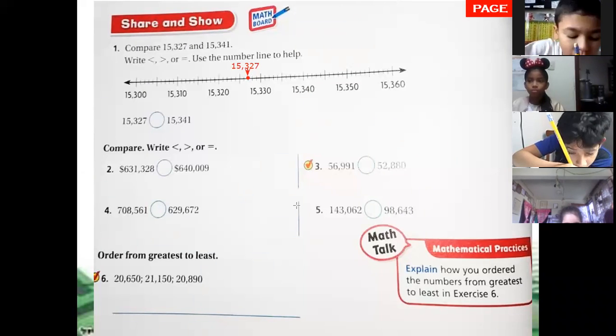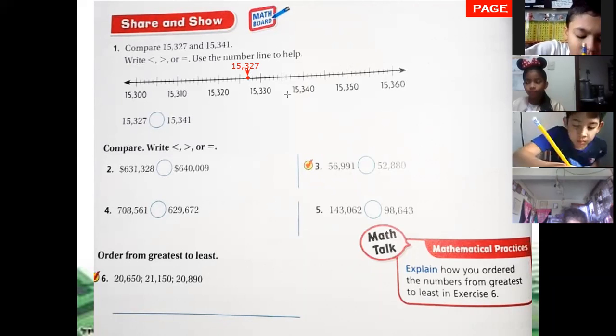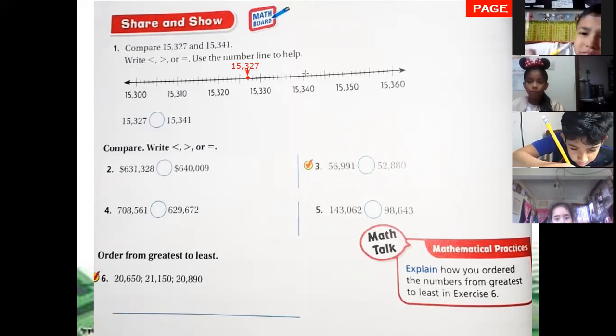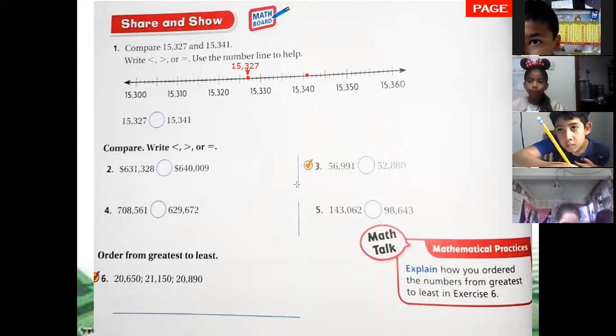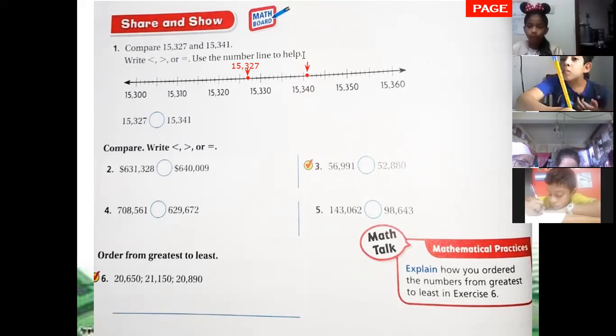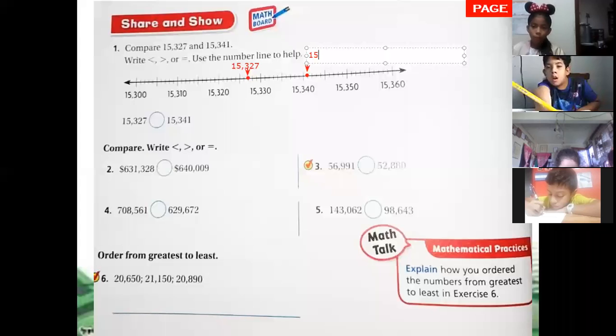And the next number is 15,341. Here. 41. 15,341.